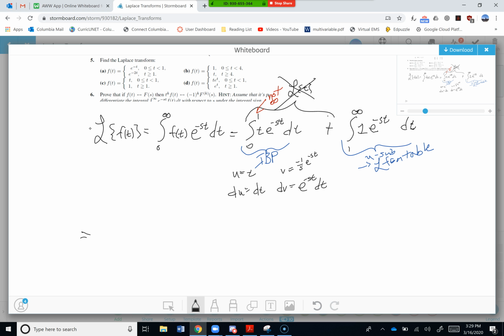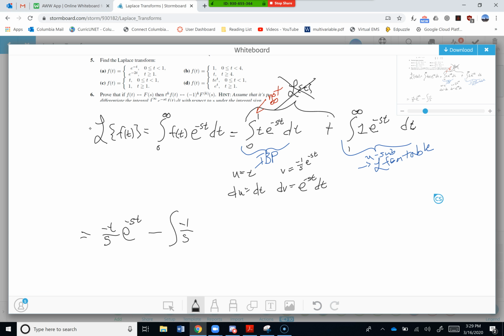Let's see. So I get uv is minus t over s, e to the minus st, minus the integral of v du.